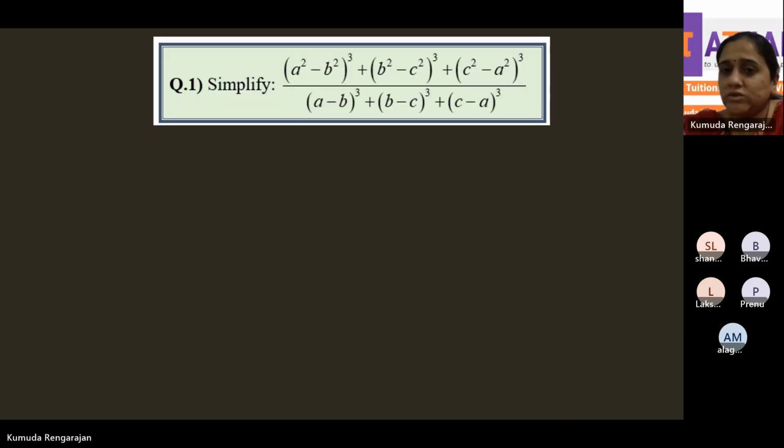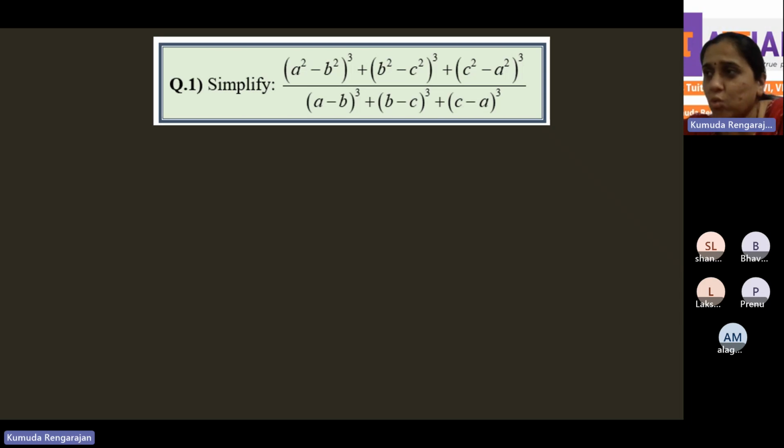So both the numerator and the denominator are of the form x cubed plus y cubed plus z cubed, because you can see only 3 perfect cubes in the numerator and in the denominator, correct?